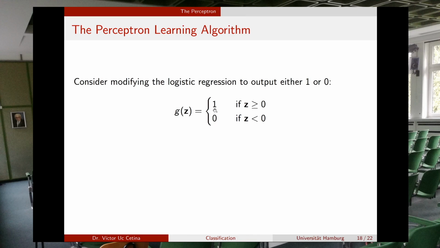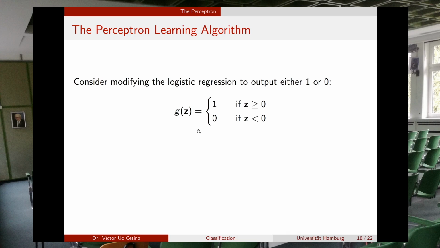We output a 1 when z is 0 or larger than 0, and we output a 0 when z is a negative number, so less than 0. This function is a step function, and we cannot compute the derivative of this function because it's not continuous.